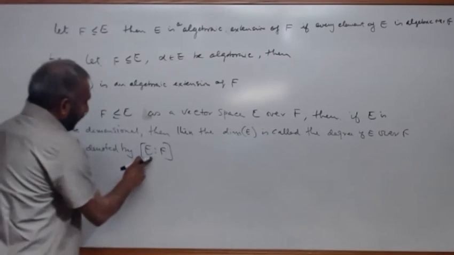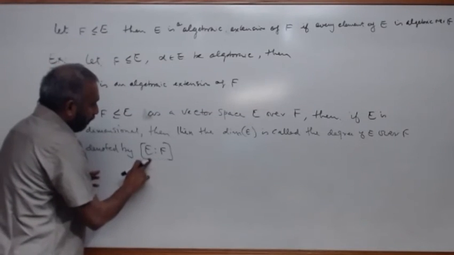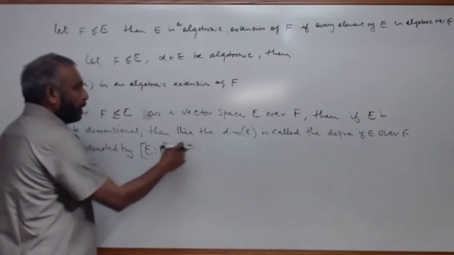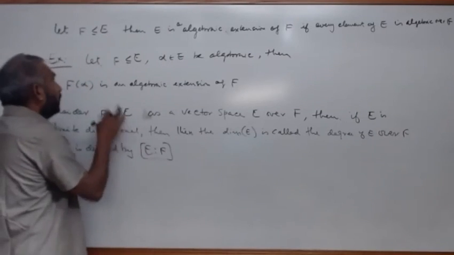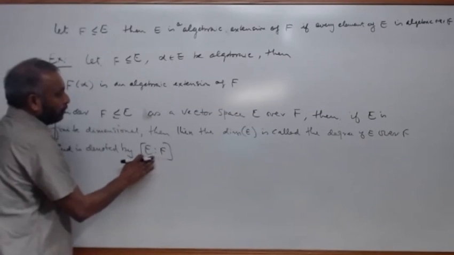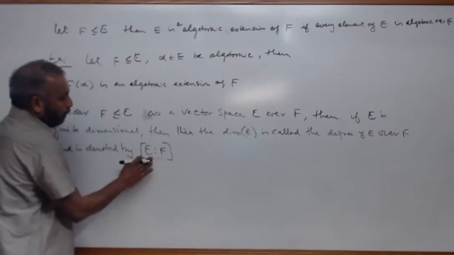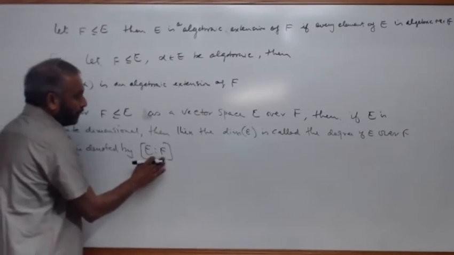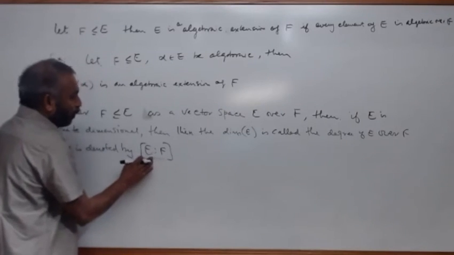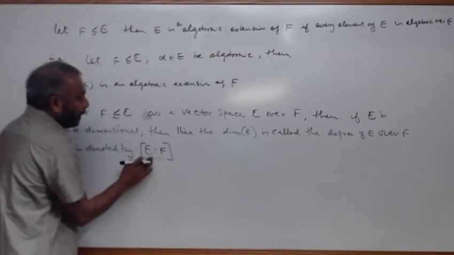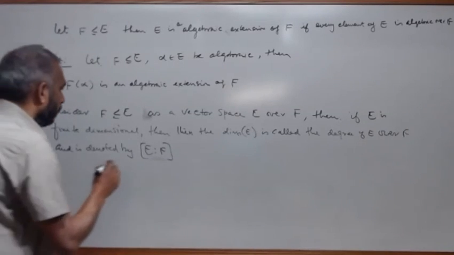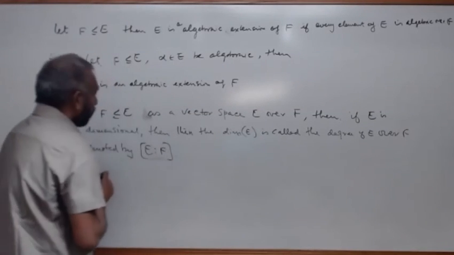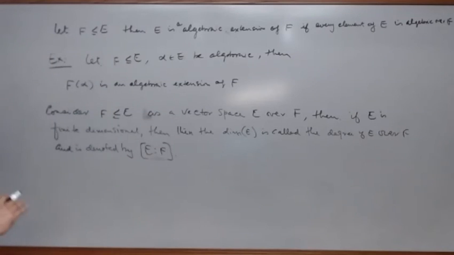This is a different way of expressing the dimension of the vector space. It's not used everywhere, but in the case of field extensions, you don't call it dimension, it's called the degree of E over F.